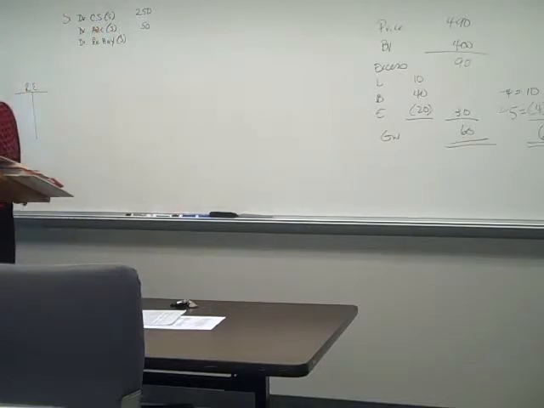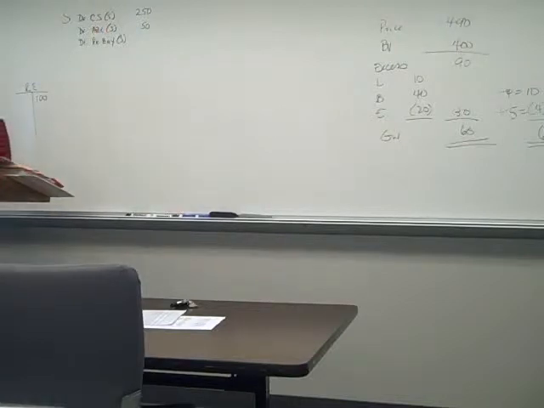Retained earnings, we know what it was on the first of the year. It was 100. Retained earnings goes up for closing entries, net income, and down for dividends.